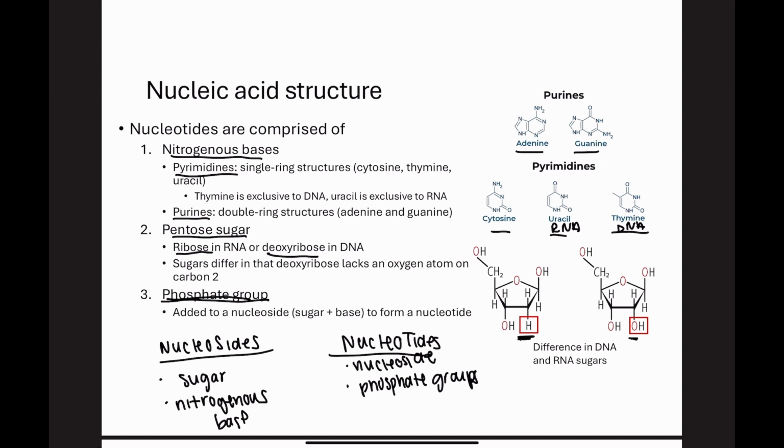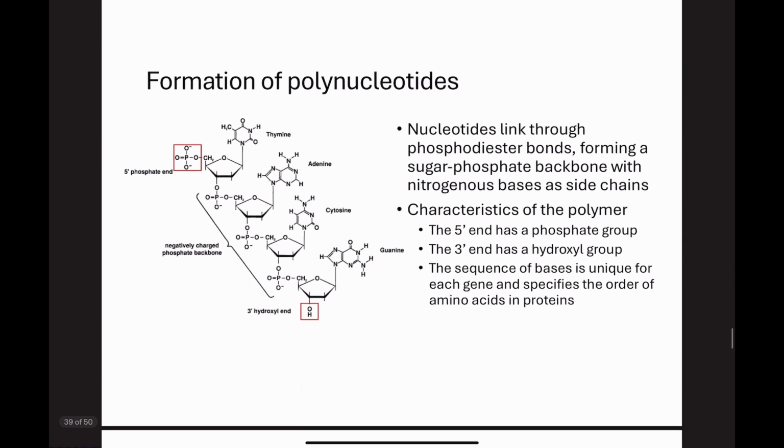So polynucleotides are formed by the linking of adjacent nucleotides through phosphodiester bonds.